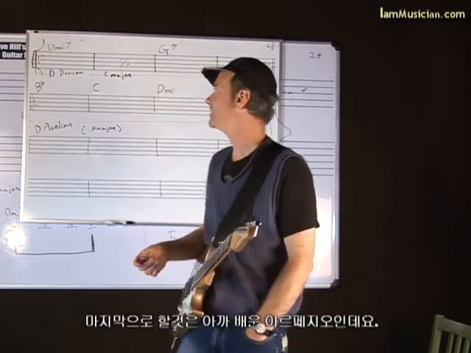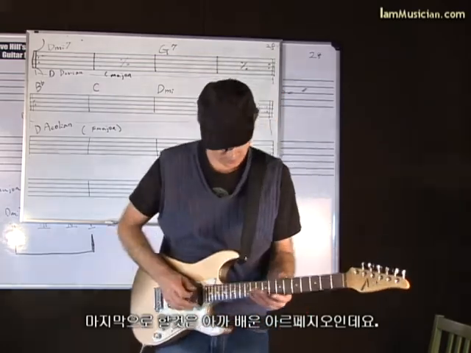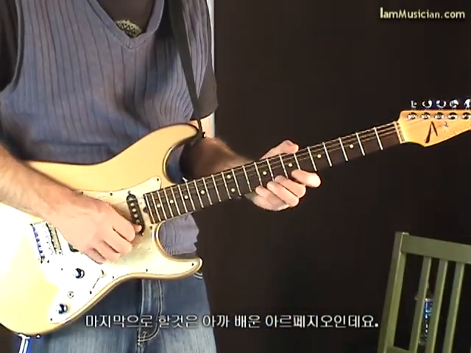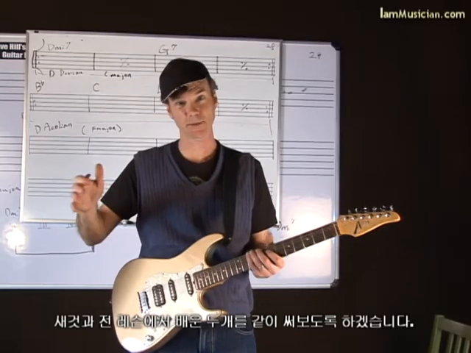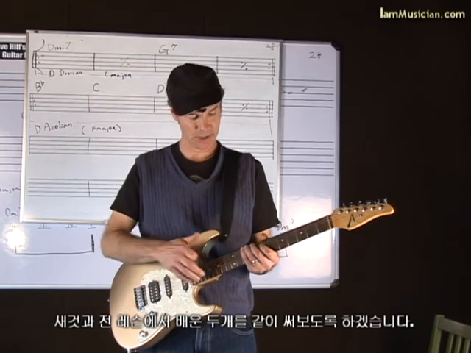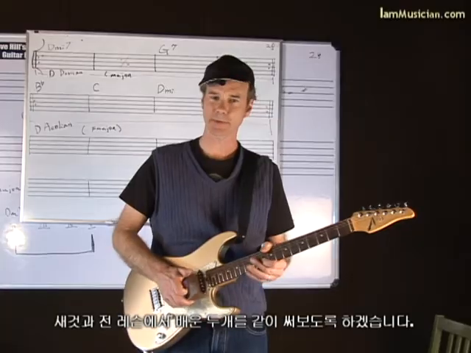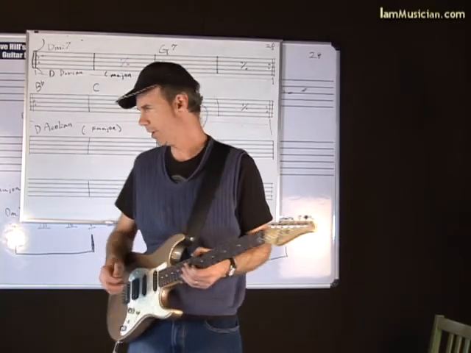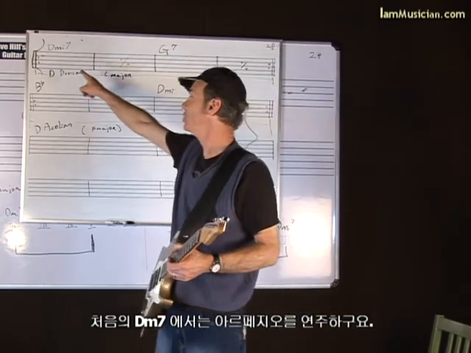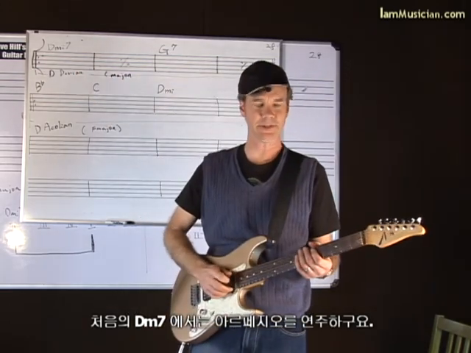Okay? The last thing I'd like to integrate is that arpeggio that we just worked on just a few minutes ago. Let's see if we can get that arpeggio mixed into the other two shapes that we've learned. Okay? So this is what I want you to do. I want you to play the arpeggio on the beginning of the D minor 7.